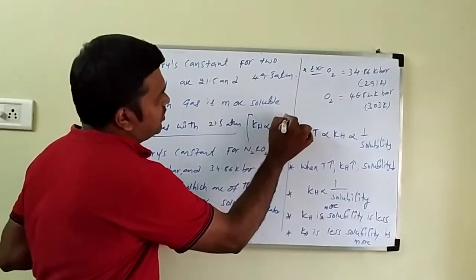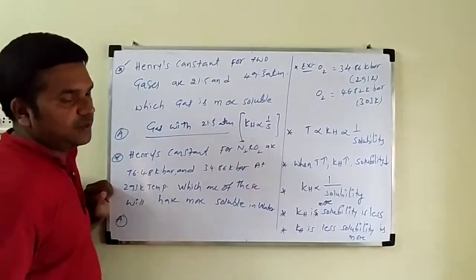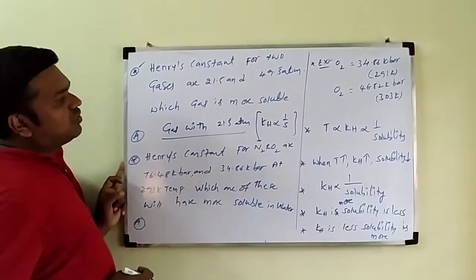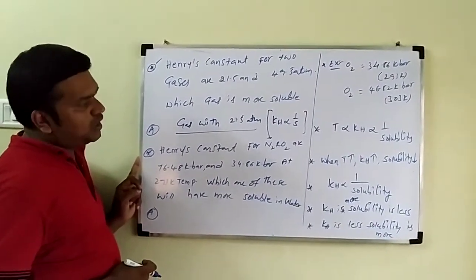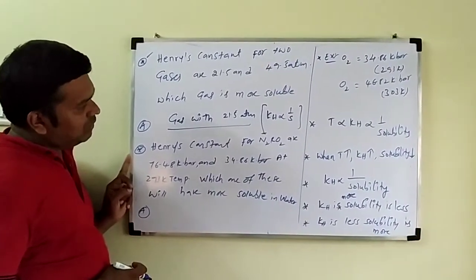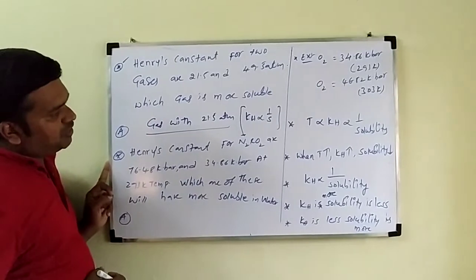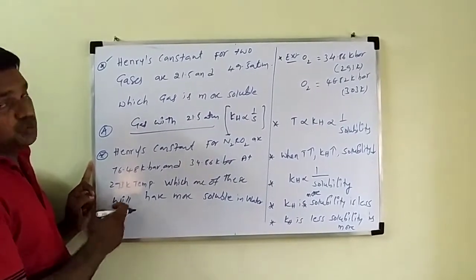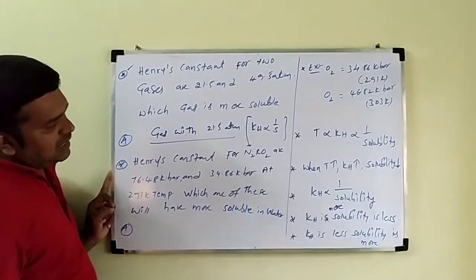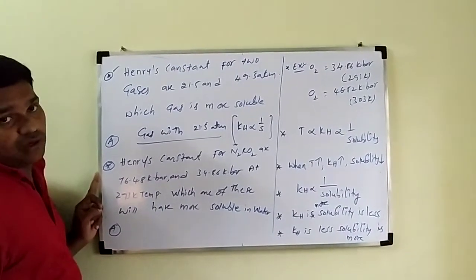KH is inversely proportional to solubility. Let us see the next question. Henry's constants for N2 and O2 are 76.48 kilobar and 34.86 kilobar at 293 Kelvin temperature. Which of these gases is more soluble in water?